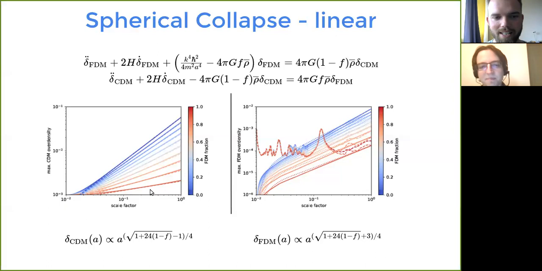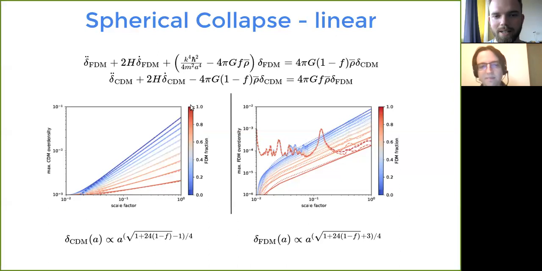And that indeed we can see here on the left-hand side in this figure, where we show the maximum cold dark matter overdensity as a function of the scale factor, so a function of time, for varying fractions. So in all the results that I will show, 0 fuzzy dark matter is always denoted by the blue line.